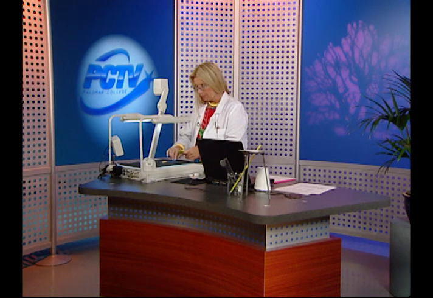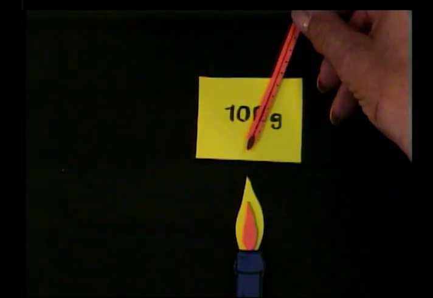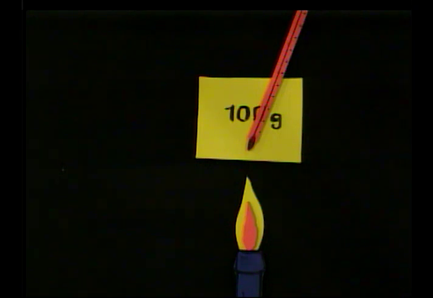Now, to illustrate what the difference is between temperature and heat, let's look at the following. We have here our heat source. Let's say that's our Bunsen burner. And we have 100 grams of a certain amount of material. So how much heat can it absorb for its temperature to be raised by 1 degree?